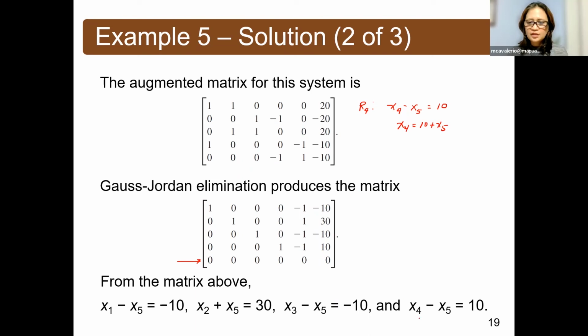We are going to treat x sub 5 as a free variable and let it be equivalent to a parameter t. Let's say t is any real number for now, since we don't know the restriction yet. All we know is that t can be any real number.